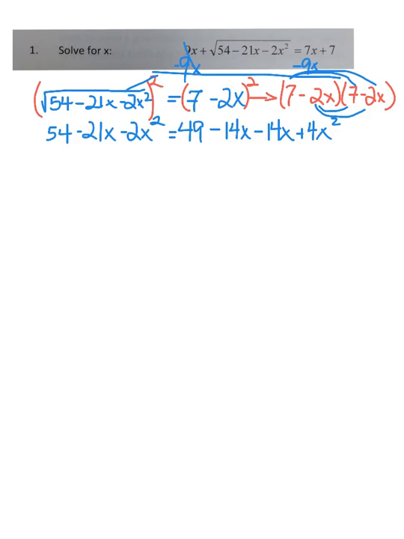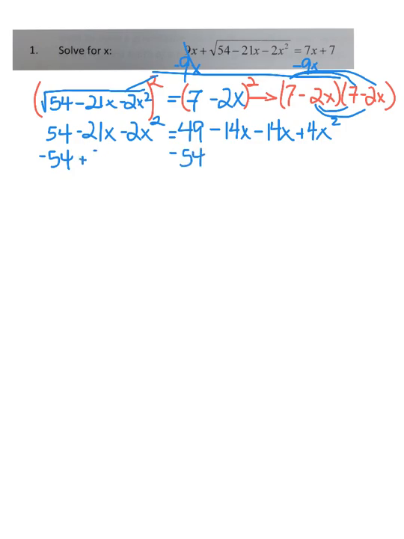So what I'm going to try to do is get everything here on the left and bring it over to the right-hand side and set it equal to 0. That way, I have a quadratic set equal to 0, and I can either factor or do the quadratic formula. So I'm going to start by subtracting 54 and subtracting 54.